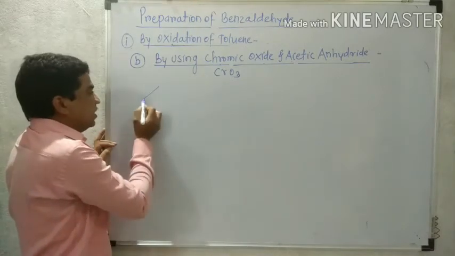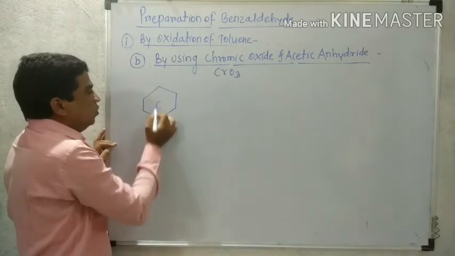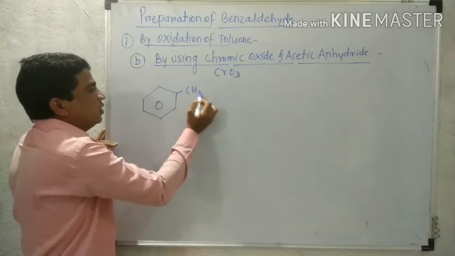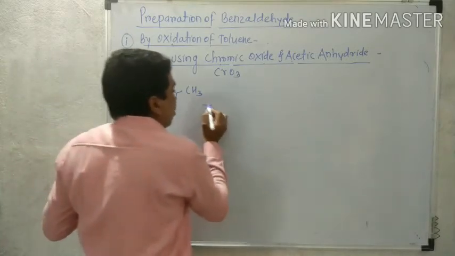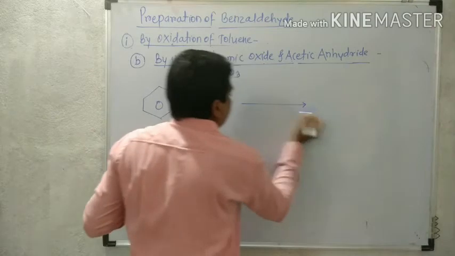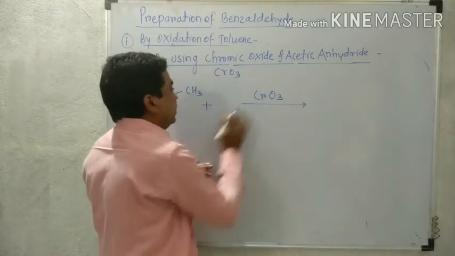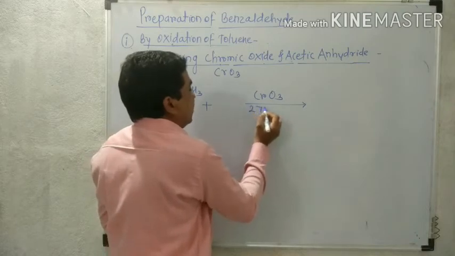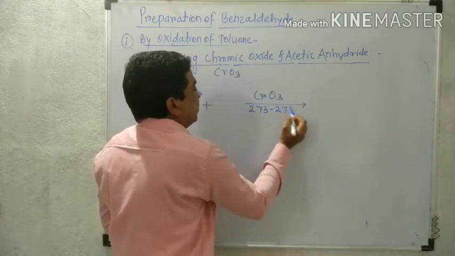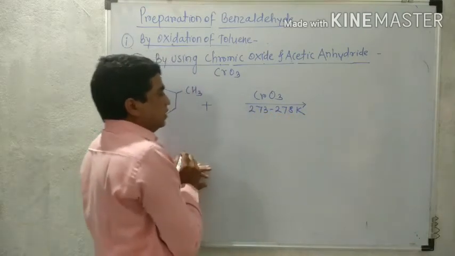So how can this reaction occur? This is toluene, benzene with CH3, which undergoes oxidation using CrO3, chromic oxide, at 273 to 278 Kelvin temperature.